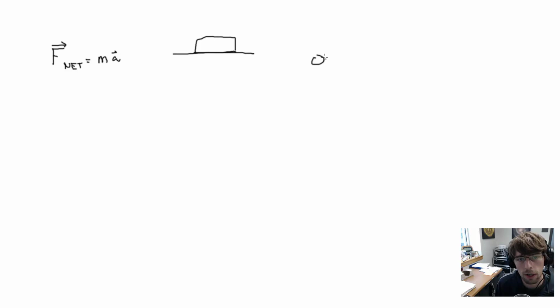The other thing that I should point out, and we should go back to this F net equals ma. This is subtle, but it's worth noting now. When we were doing Newton's second law problems, you would think of boxes on tables, or little cars driving, or maybe people jumping in the air.